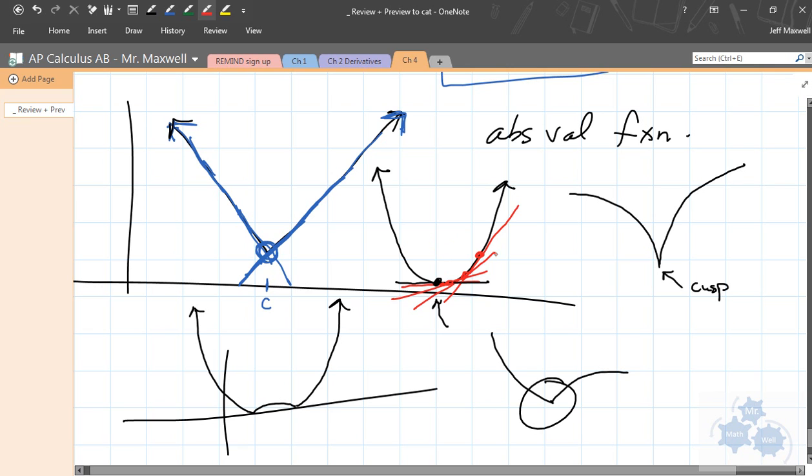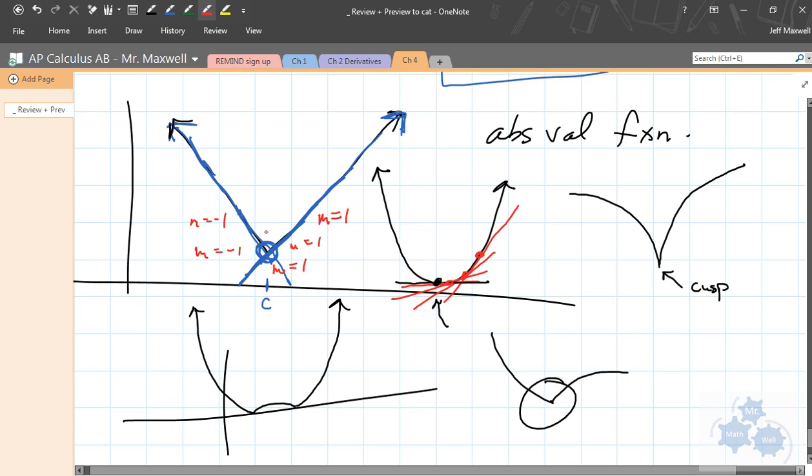Let's say this is a slope of 1: slope equals 1, slope equals 1, slope equals 1. All of a sudden, boom, slope equals -1, slope equals -1. You know what I mean? It's like, where is the limit there?